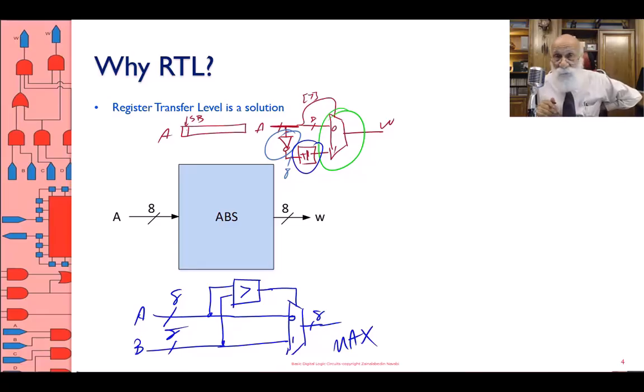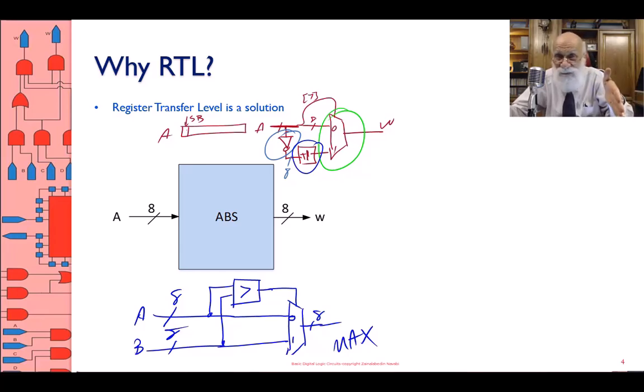Look, if I wanted to do this using Karnaugh maps, I would have 8 16-variable Karnaugh maps. That's impossible. But by looking at the high level description of this, I said, I need a comparator and a multiplexer. And then I go look in my bag. Do I have a comparator in my bag? Oh, maybe I do have a comparator, but it's only a 4-bit comparator.